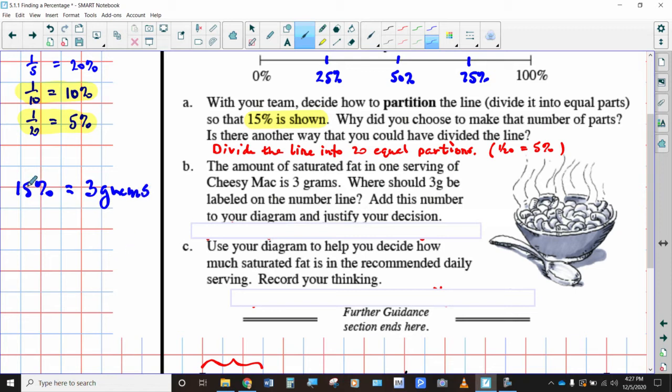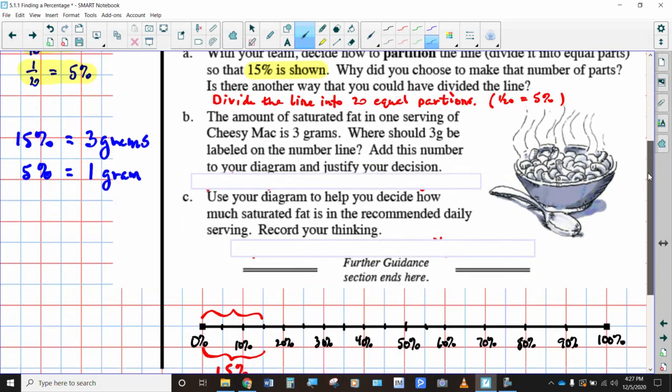So if 15% can be broken up into, say, 3 equal parts, each one of those parts would represent 5%, correct? So how many grams would you expect there to be in 5%? Well, 15 divided by 3 is 5, so 3 divided by 3 means every 5% is going to represent 1 gram.